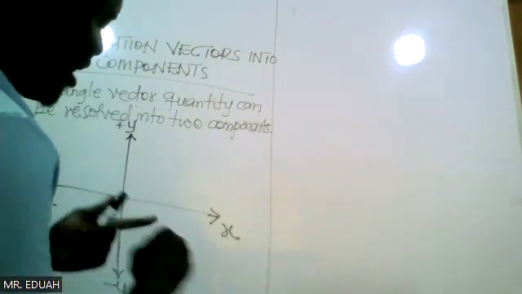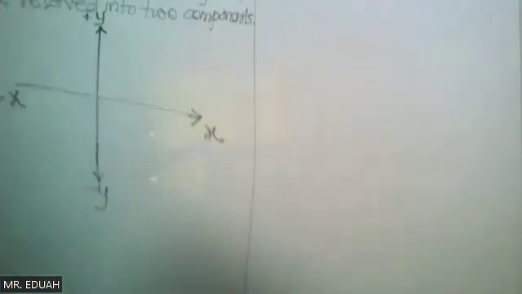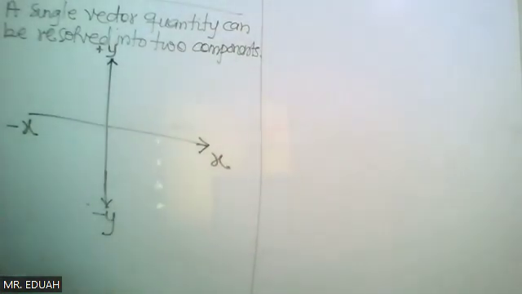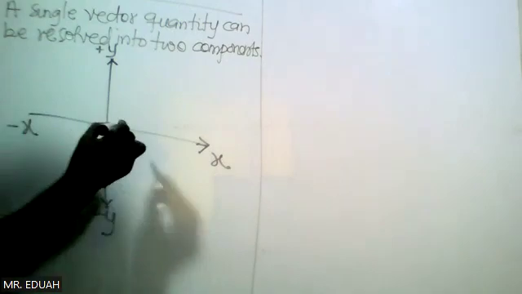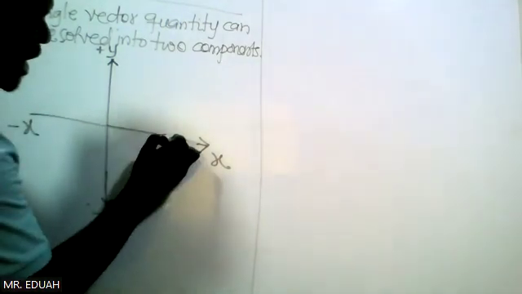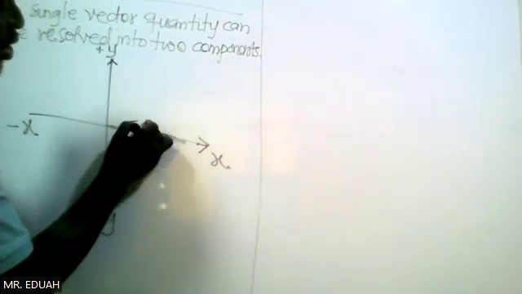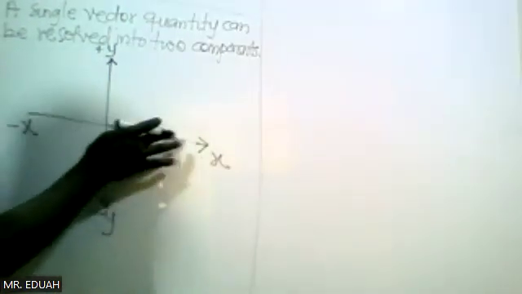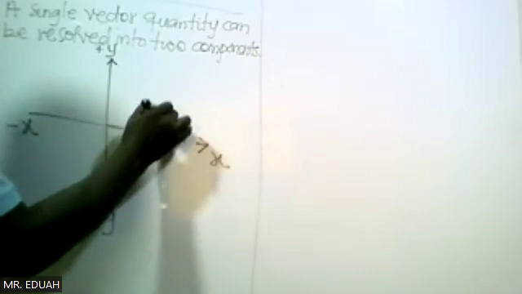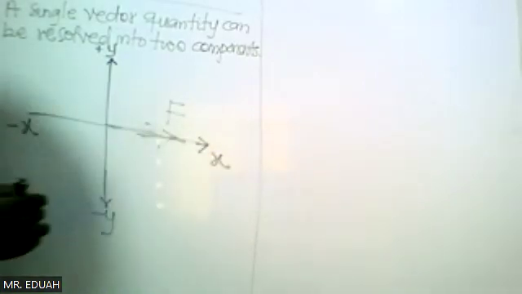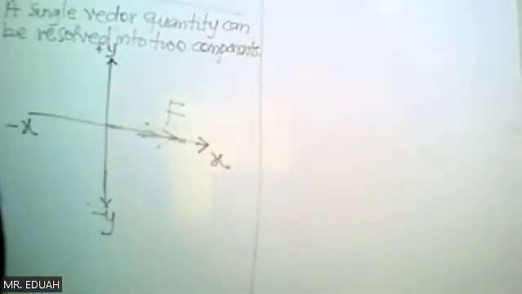So if I have a vector quantity, be it a force, velocity, or acceleration, and it is along the x-axis, maybe a force, the force has magnitude. I want to change my marker.